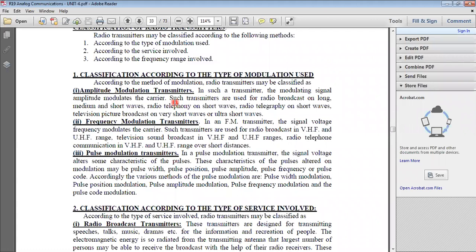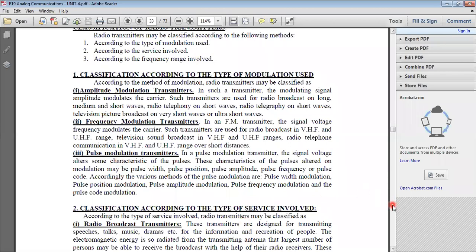Already I think you know modulation techniques. There are different modulation techniques like AM, FM and PM. That's why the transmitters are classified into AM, FM, and, to modulate pulse signals, pulse modulation transmitters.